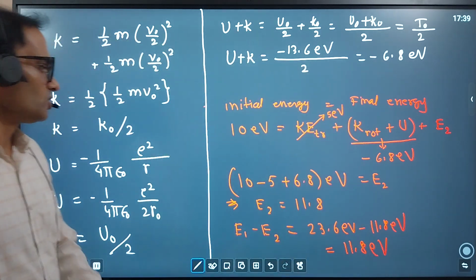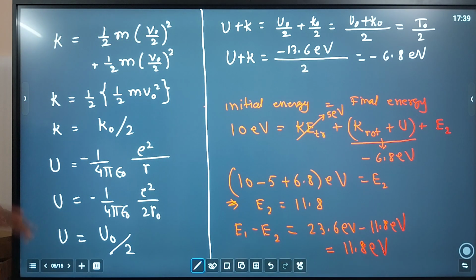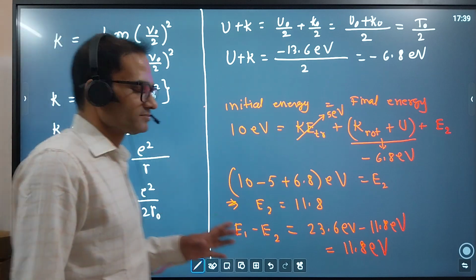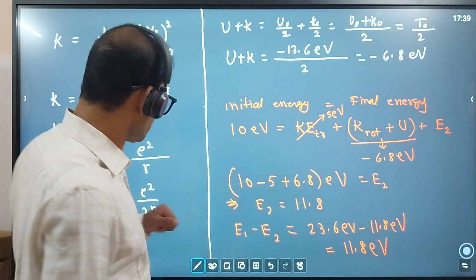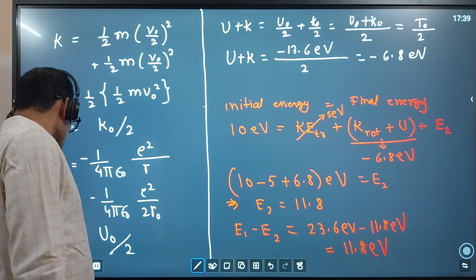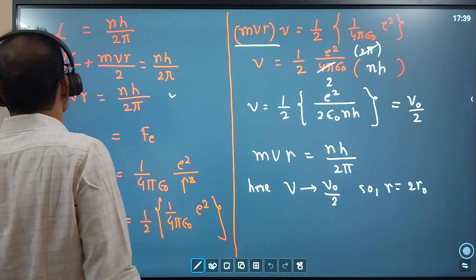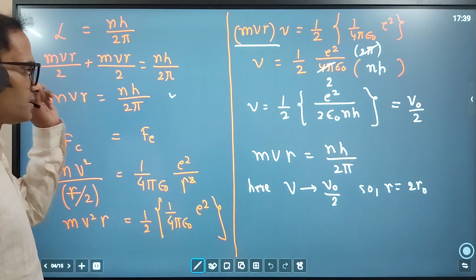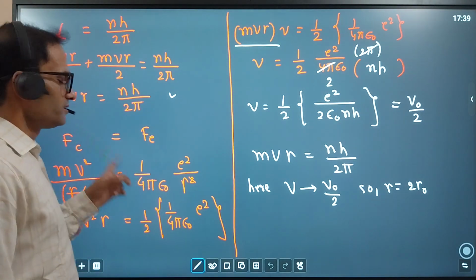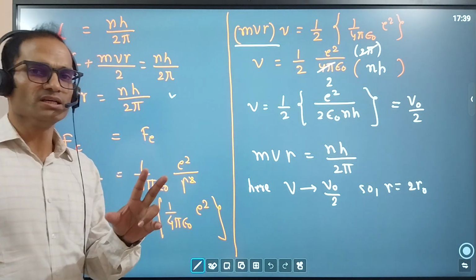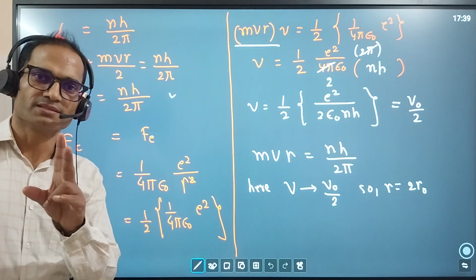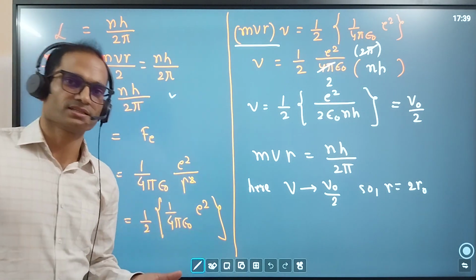Okay, so this solution, I have some confusion also. I will talk about that, but I will not go that way. Here in Bohr's model, only electron is orbiting, nucleus is at rest.